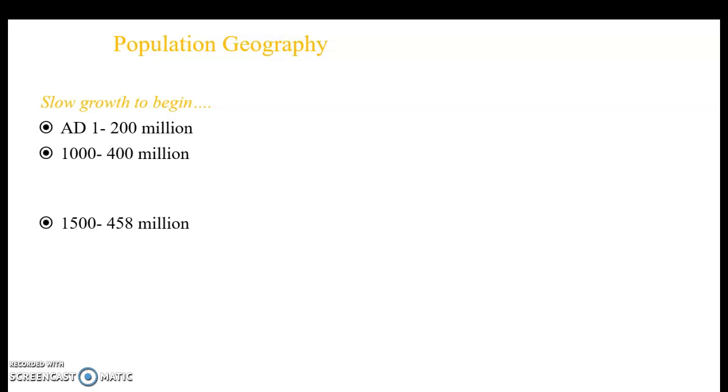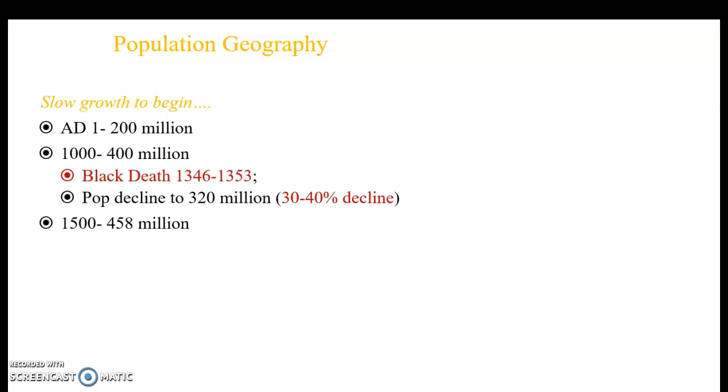COVID-19 has had a small impact on population growth, not a major impact, but it allows us to know that pandemics have and will happen. The Black Death that occurred in the 14th century, over 7 years, a virus that entered Western Europe from Central Asia and then spread to different parts of the world, led to a massive population decline.